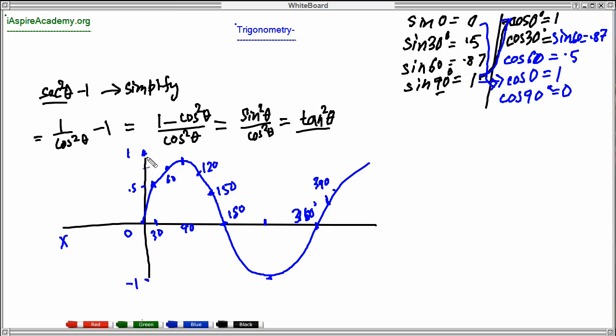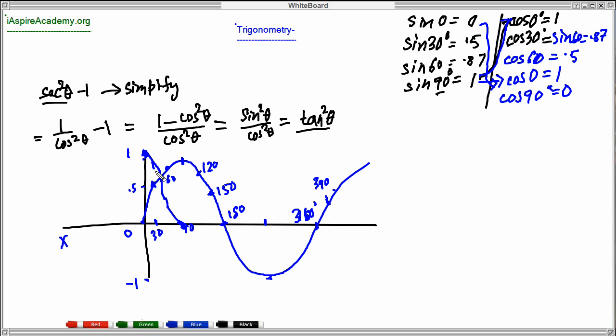Now if you draw the cosine graph, cosine is just the opposite, it would be just the inverse. That means cosine 0 would start here, which is 1, and cosine 30 degree is here, and cosine 90 degree is 0.